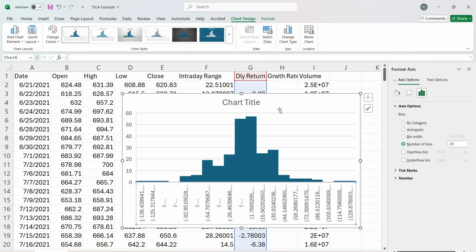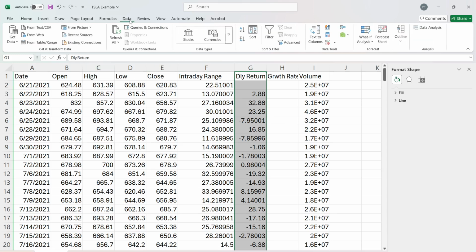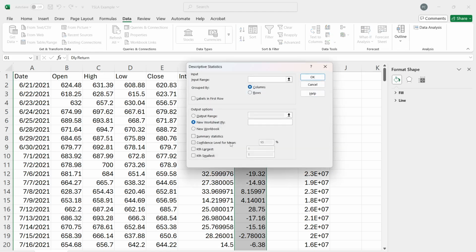Okay, fair enough. So I get tired of this chart and I put it away. And then I say, let's see, what else could I do? Okay, so I go up to data analysis, and I remind myself that yes, indeed, Excel had a nice little menu that can do some estimation for me or prepare some of these basic statistics.